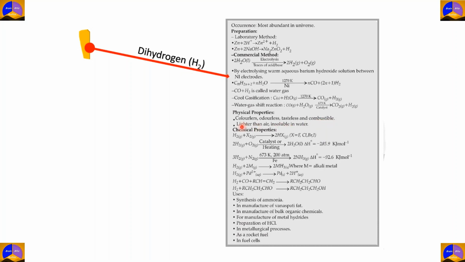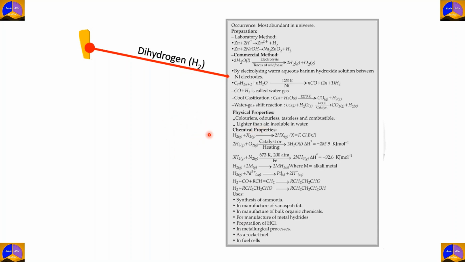The second property says that dihydrogen is lighter than air and insoluble in water. Dihydrogen is lighter than air, and it was the reason why dihydrogen was used earlier in hot air balloons.